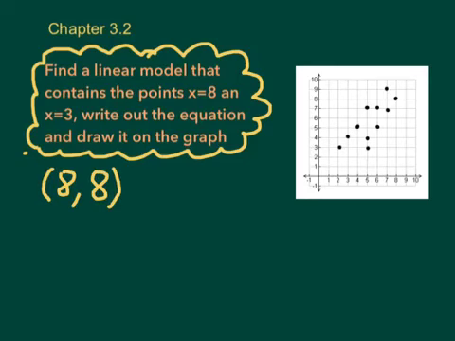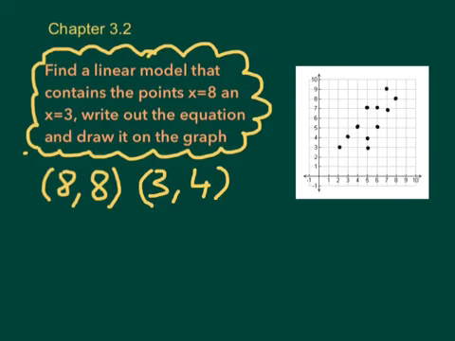Okay, and our second point, it says x equals 3. So the point that corresponds to x equals 3 would be y equals 4. So (3, 4). Okay, now what we need to do is find a linear model. That just means a linear equation. We just need to find the equation of a line from 2 points.